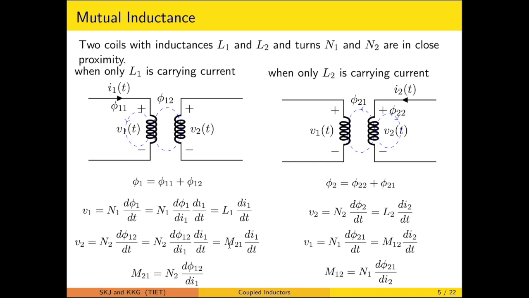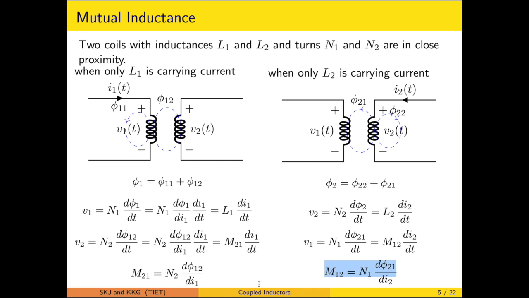So, this is the induced voltage in the second coil because of the current in the first coil. M21 is associated likewise. Correspondingly, if there is a current only in the second coil, you can find the nomenclature likewise.